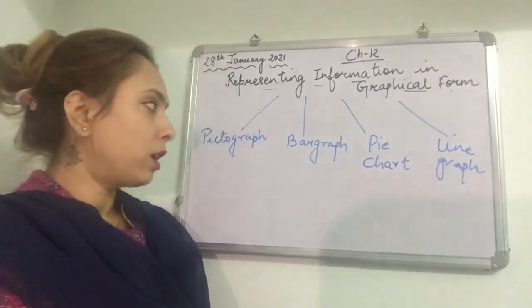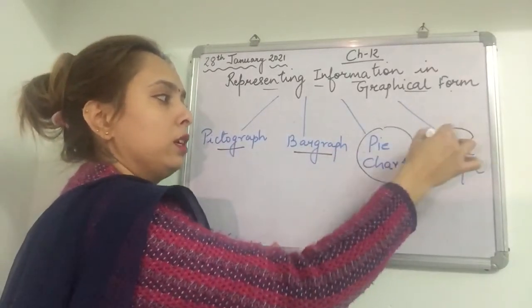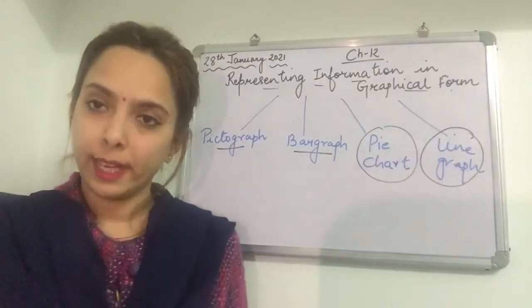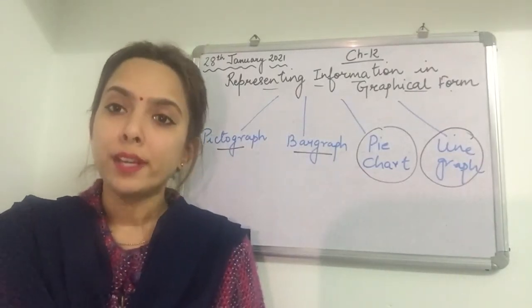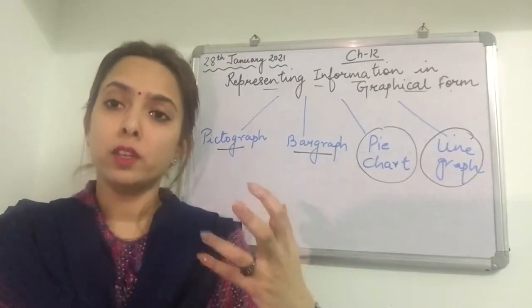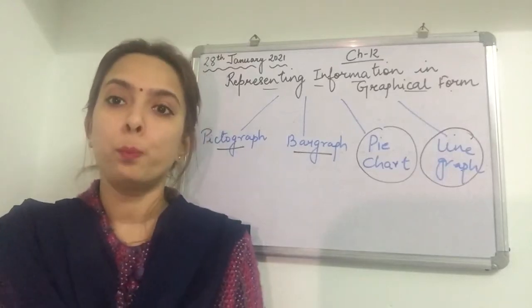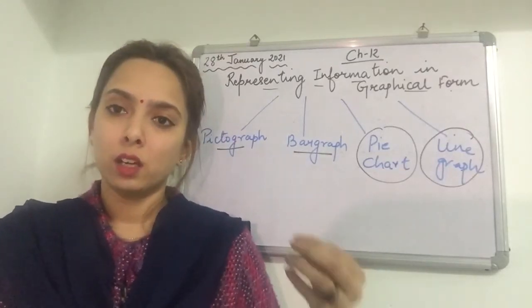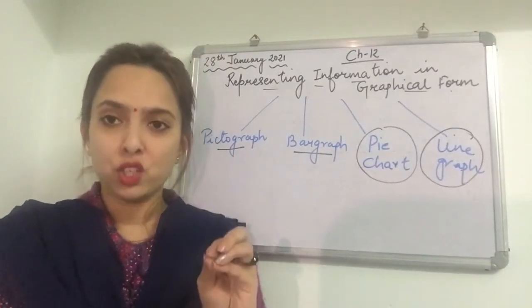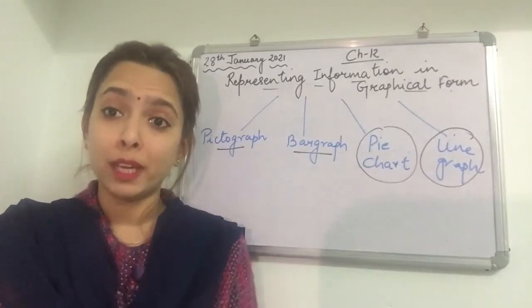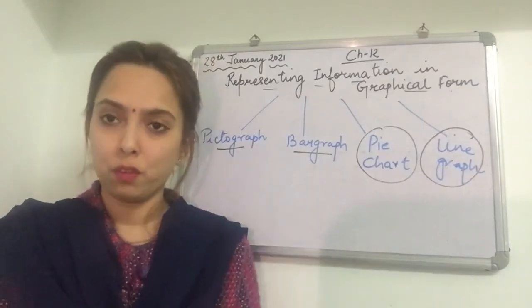So today we are going to cover these 2 topics, and the other 2 topics we will study in our next class. So what exactly is a pictograph? Whenever information is given to us and we are asked to represent it as a pictograph, there is a proper method to be followed by making pictures, and we will be able to explain everything about that information.